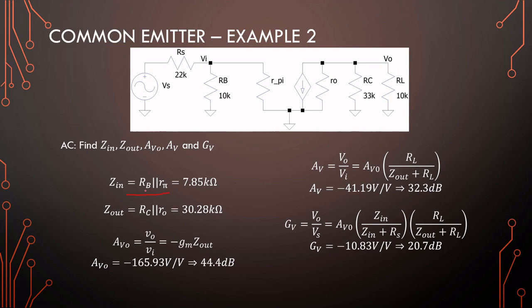Here's just one resistor now in the input impedance. Output impedance looks the same, gain looks the same. Same goes with the loaded and total gain. Just apply these voltage dividers. Okay, so I hope you got similar results.